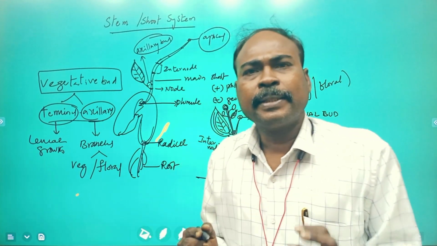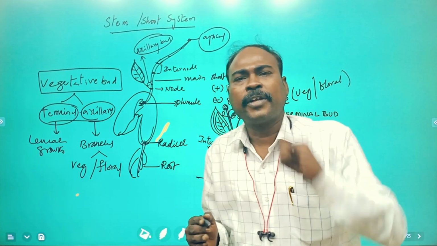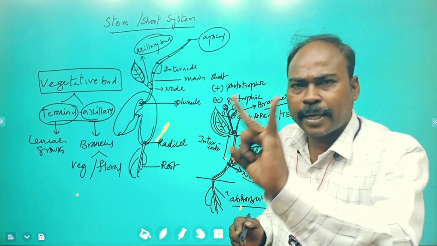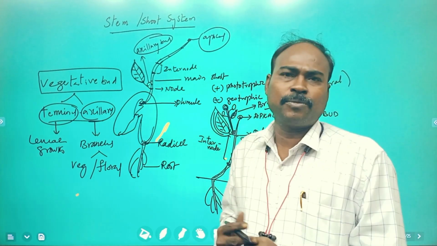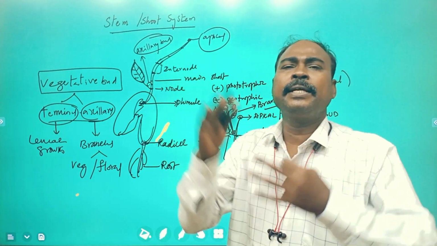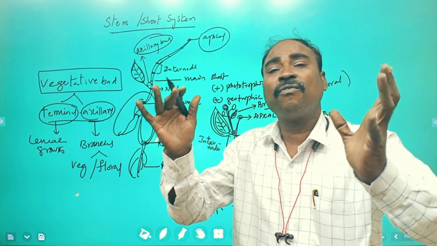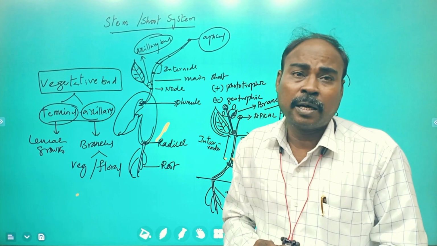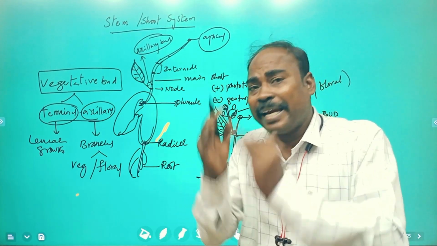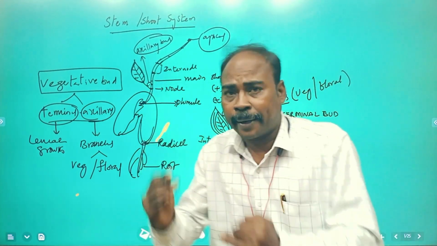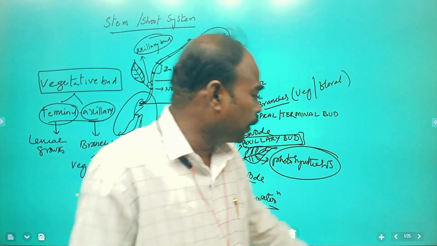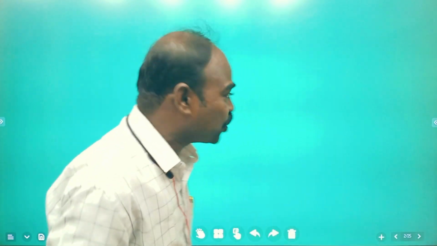Here we know that stems are of three types: underground stems, aerial stems and subaerial stems. In these three different kinds of stems, different kinds of modifications are observed. We are going to discuss them one by one. First of all, the underground stem modifications.